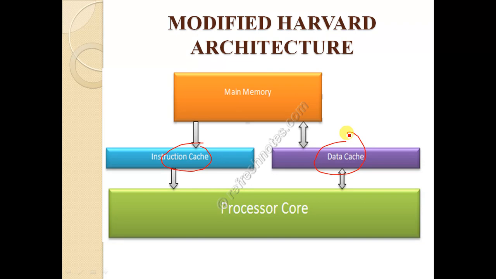This is the difference between Harvard and modified Harvard architecture. Fast memory storage called cache increases flexibility, or we can say more speed, in Harvard architecture. So main memory is connected to instruction cache, data cache and then the processor.